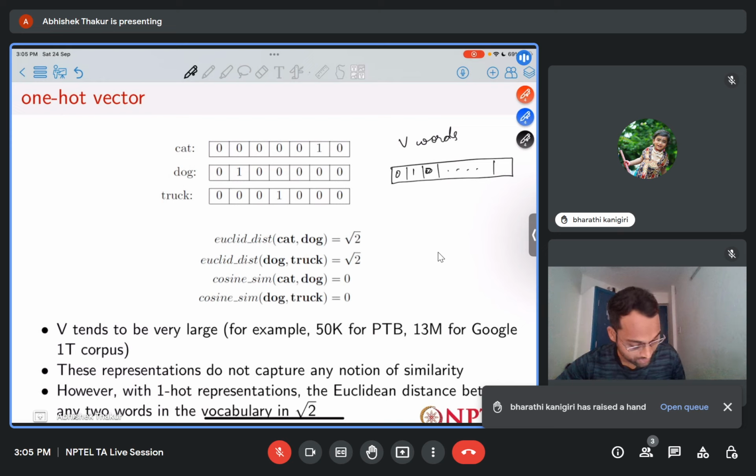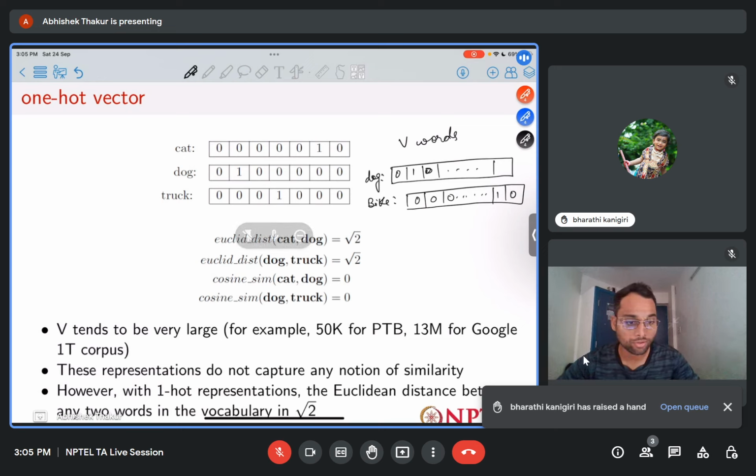Let's suppose this is the representation of dog. Then for some other word, like bike, all values will be zero except one value that will be one. So each word has its own representation. None of the words has the same representation.